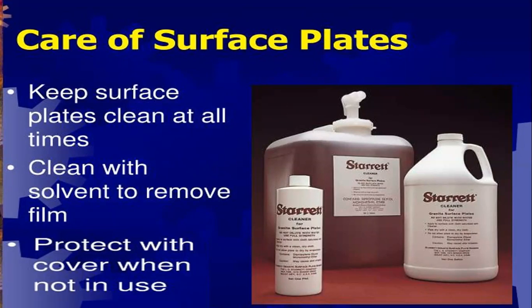That is the solvent to remove the film, and it has to be protected with a cover when not in use. So when it is not used, some type of protection has to be taken with a cover.